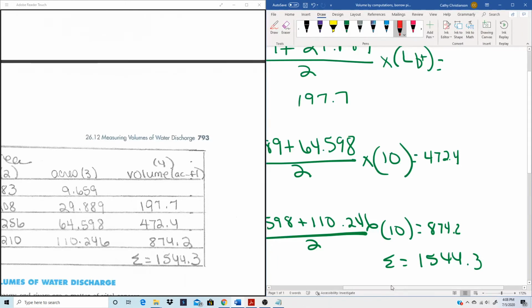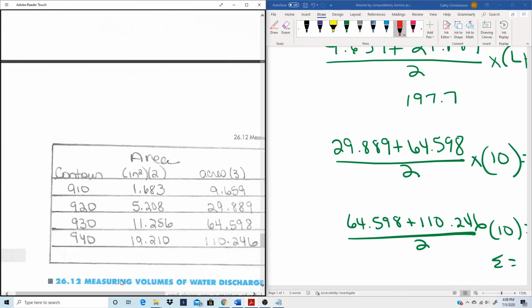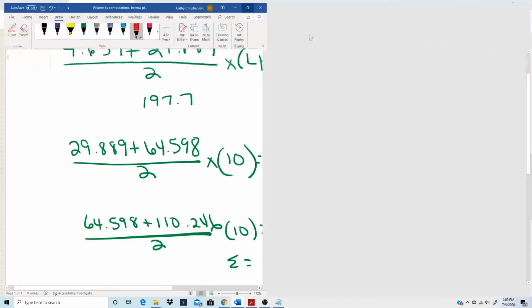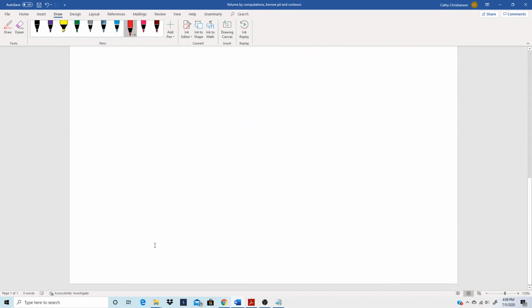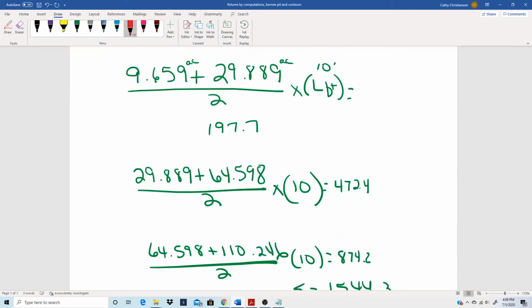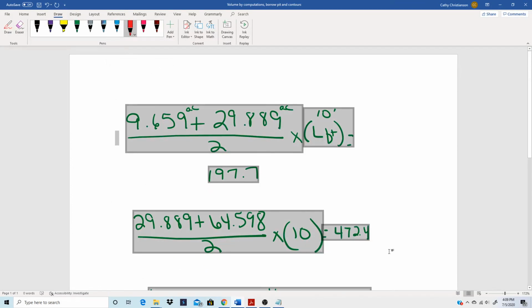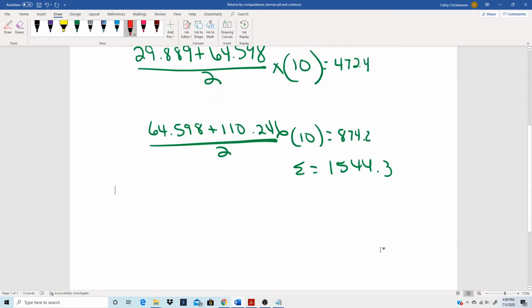Alright, so I am going to work a problem in the back of the book. So I'm going to minimize this and make my screen a little bigger here. And I'm going to work one that's problem 26. Let me make some more room for my paper. Okay.